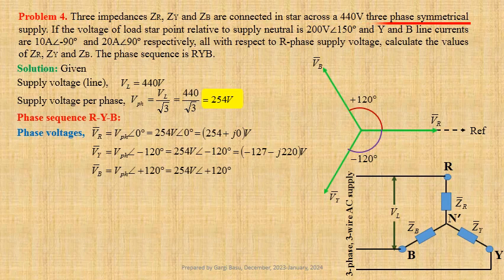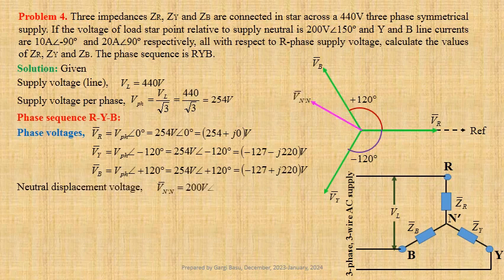This may be written in Cartesian form as minus 127 plus J times 220 volts. Given neutral displacement voltage Vn dash n equals 200 volts at an angle 150 degree. This may be written in Cartesian form as minus 173.2 plus J times 100 volt.